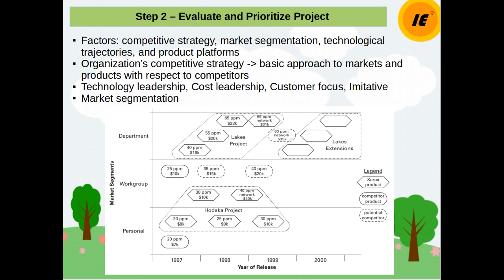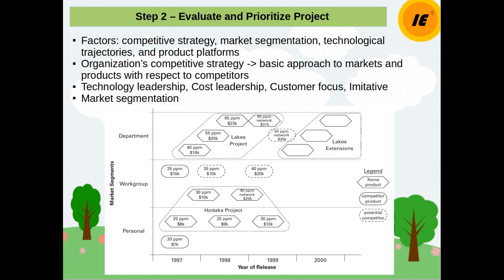So that's how we should understand the work group. And here they are also showing the other products, the round circles, which are the products from other competitor companies. So that's about market segmentation.